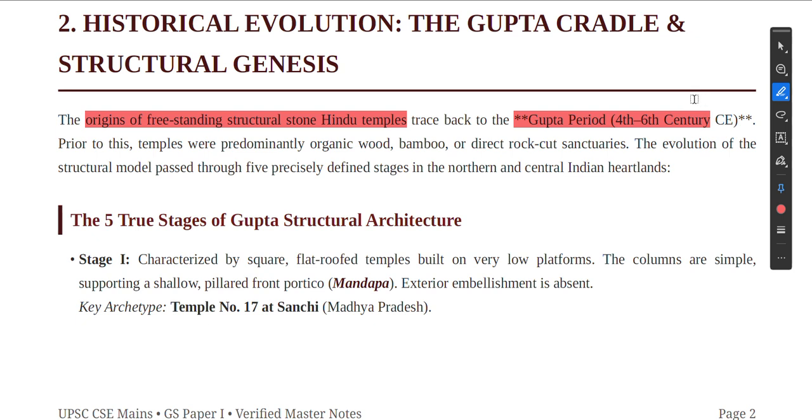Prior to this, temples were predominantly organic wood, bamboo, or direct rock cut. The evolution of the structural model passed through five precisely defined stages in the northern and central Indian heartlands. Now, five stages. Let us see all of them.